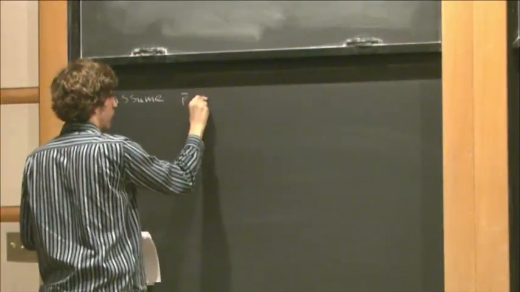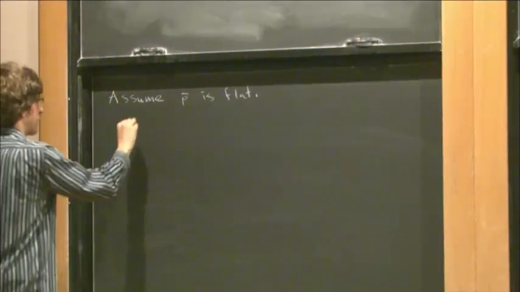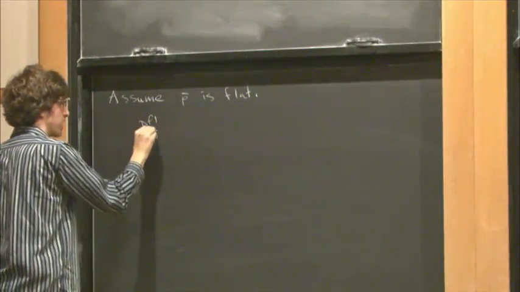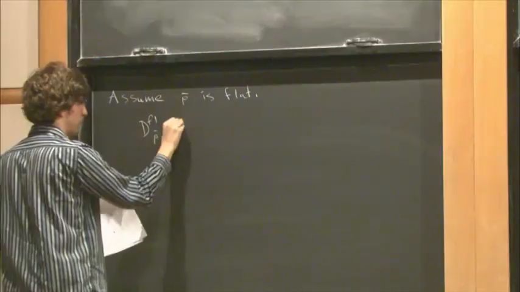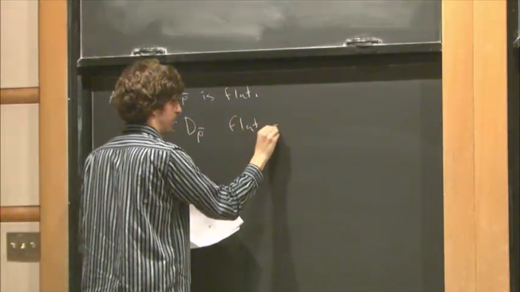So then the flat deformation problem: let's assume rho bar is flat. And then we want to study deformations of rho bar which are also flat. So these are the rho bar flat deformations.